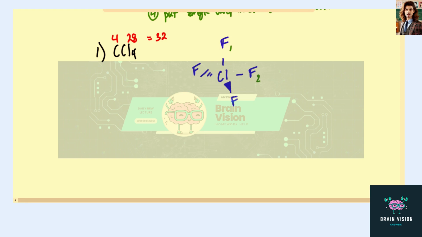Now we know that each chlorine has a bunch of unpaired electrons. Oh, sorry, I wrote fluorine instead of chlorine. I didn't even realize that. Let me replace that real quick.